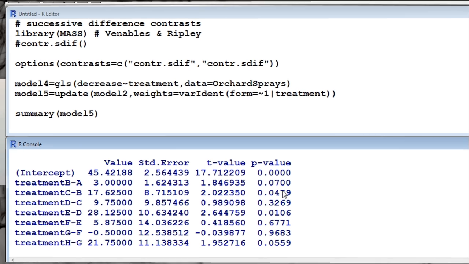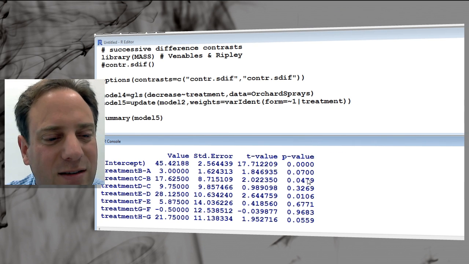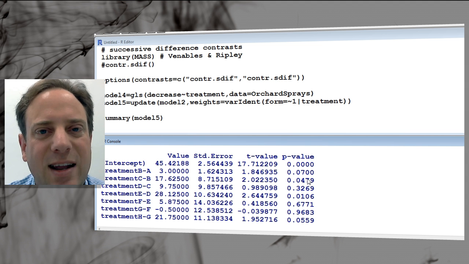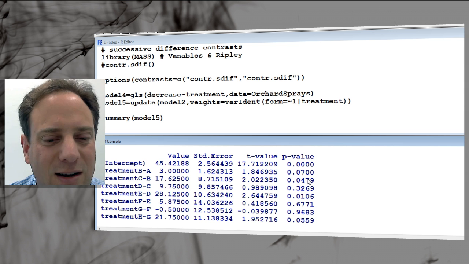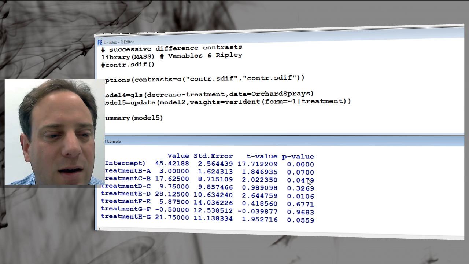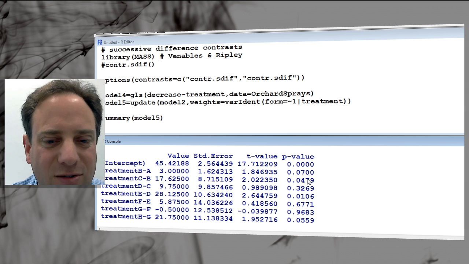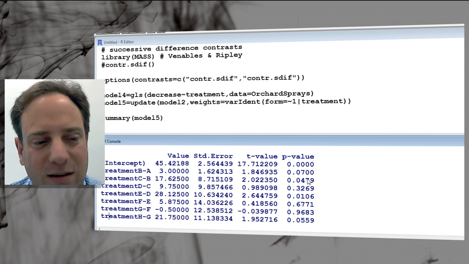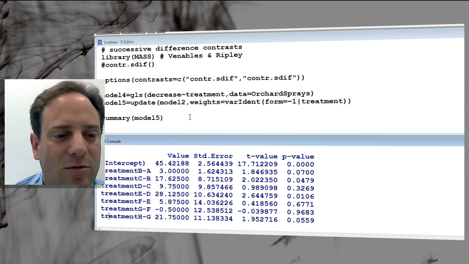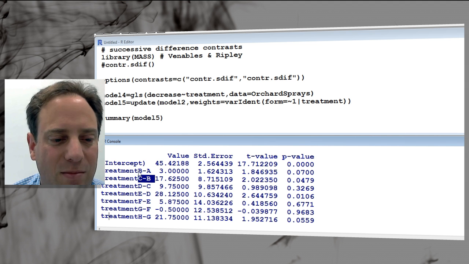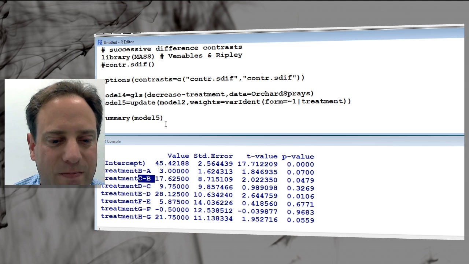So I'm showing you these two options. If you use the standard contrasts, you get comparisons with a reference level. If you use the successive difference contrasts, you also have a reference level, but this is changing all the time, so you do pairwise comparisons of successive treatment levels, A and B, B and C, C and D.